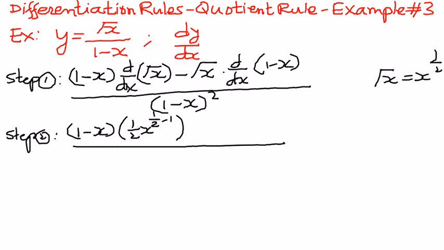Minus square root of x times d by dx of 1, which will be 0, d by dx of minus x is going to be equal to minus 1. Then in the denominator we can write this one as 1 minus x, this whole thing is raised to the power of 2.